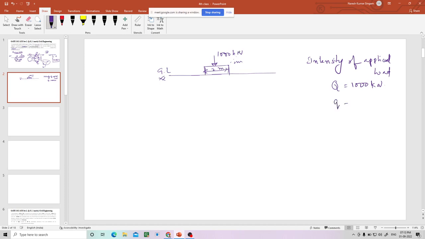If you convert into intensity, that is nothing but pressure: 1000 divided by 2 by 2, we are just converting it into pressure. You can say sigma at the ground level is 1000 by 4, which is 250 kilonewton per meter square.